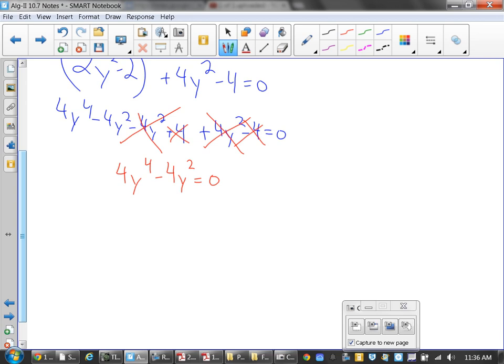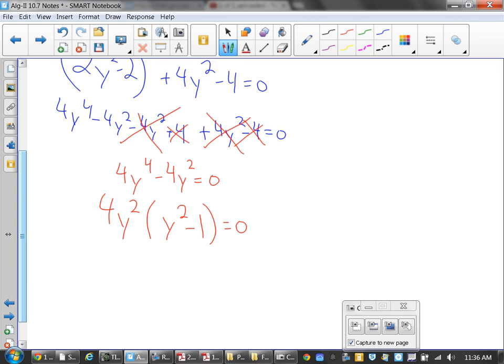What's your first rule of factoring? GCF. Not squared, because you can't take the square root over addition or subtraction. Factor out your 4y squared, and you're left with y squared minus 1.